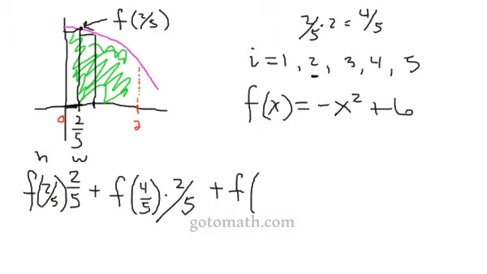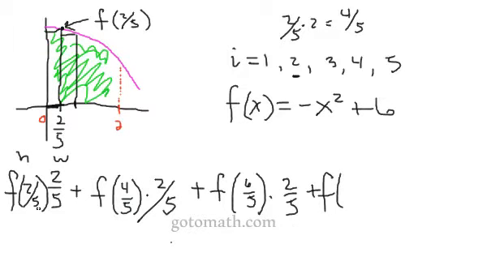So 2/5 times it by 2, and then 2/5 times it by 3. So that's going to end up being 6/5, right? Times 2/5, plus f of, and then of course we go to 4, and that's going to be 8/5.